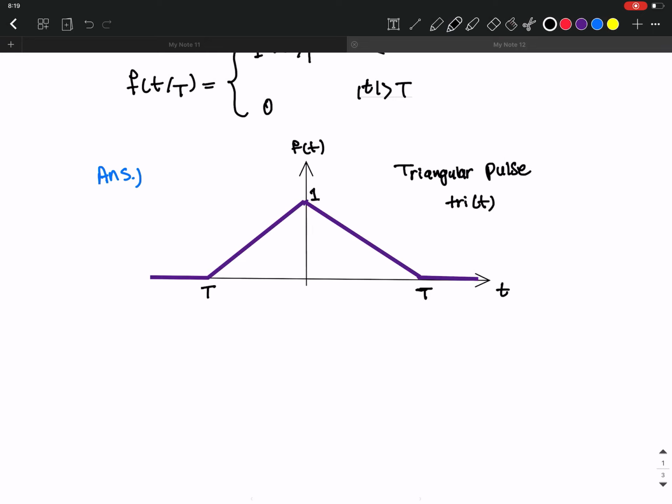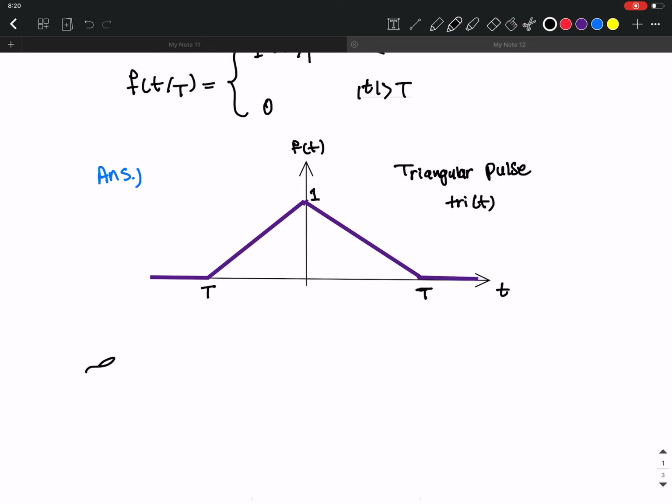Okay, so I want you to start writing that, and then I will do that myself. So take a little bit of time, start writing the definition of the Fourier transform. Okay, so let me now go ahead.